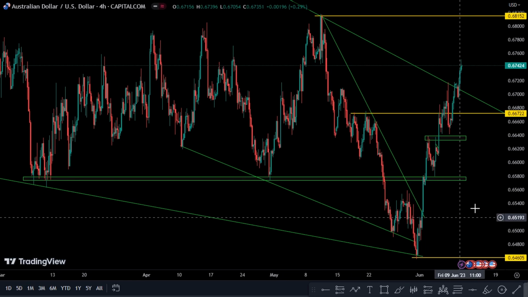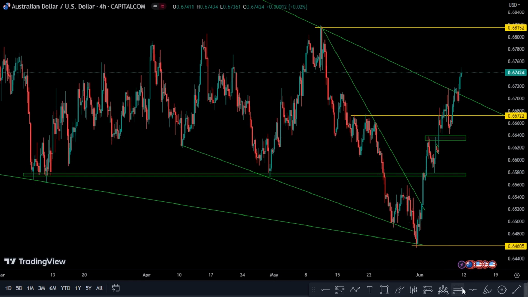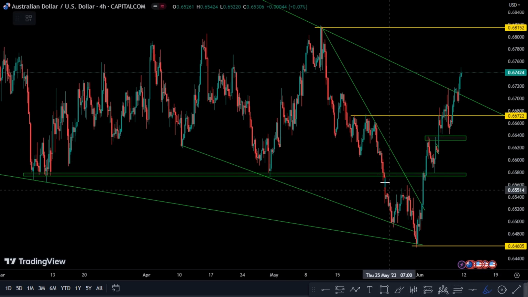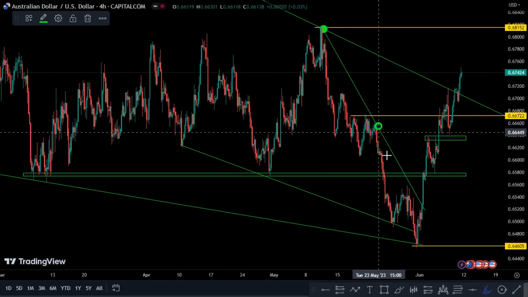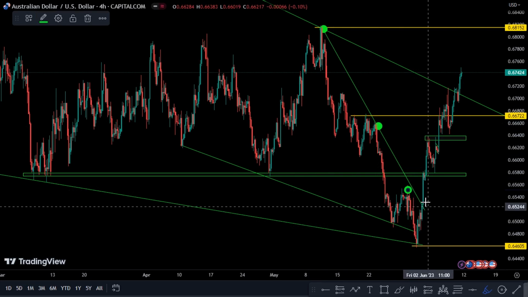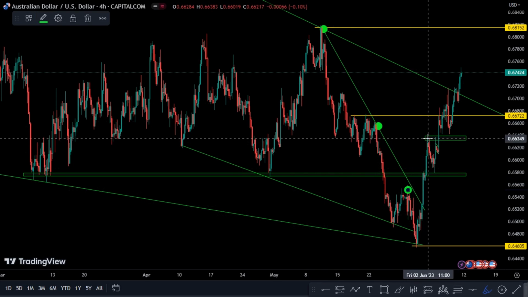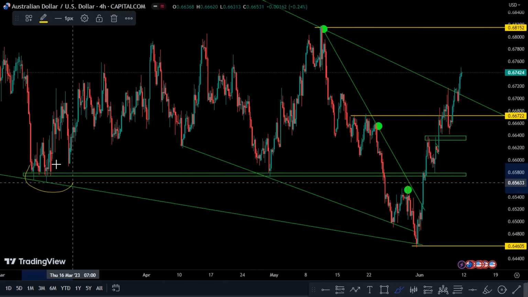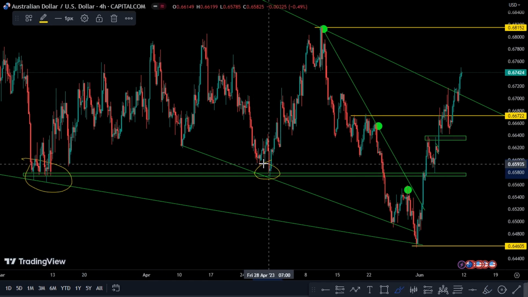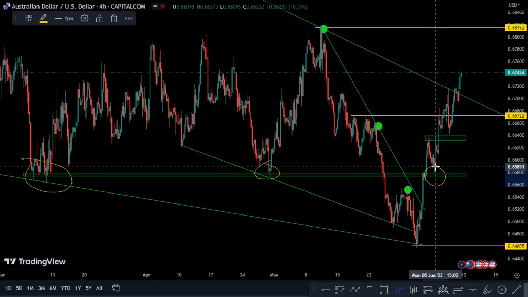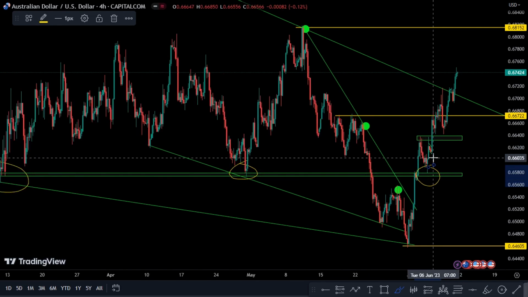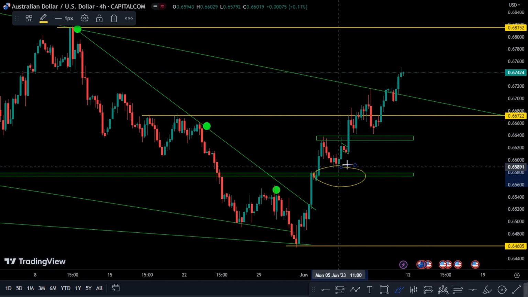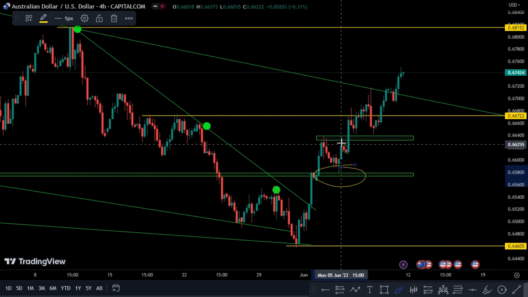As you can see here, this market was previously in an intermediate downtrend, which was then broken here, and then the market pushed up, and then we have this area right here that has been serving us as a significant structure for the longest time. After the break, the market came back to retest this area, and then we had an initial push, which was very bullish, but it didn't break this structure immediately.